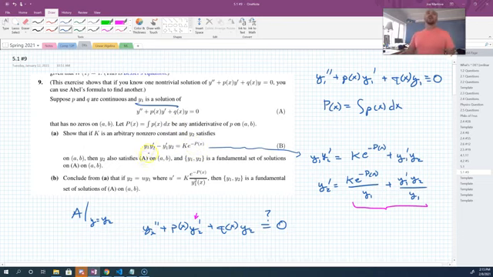So what I'm going to do is sub y2 into my differential equation, because that's how you check, or how you demonstrate, that something solves. So my goal here is going to be to put y2 into this differential equation, essentially.